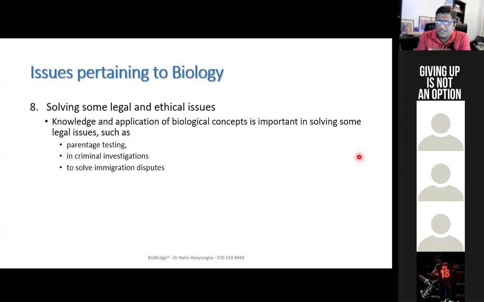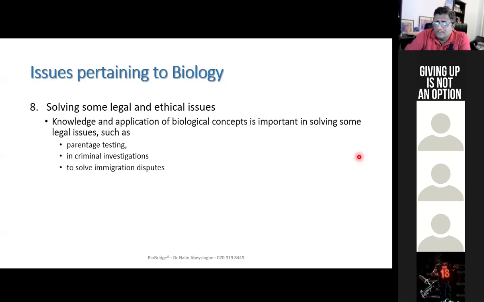Most of the terrorists were identified like that. Even in rape and murder cases, everywhere, you can use this DNA technology to identify. We'll be learning those things in the molecular biology lesson, how these things are utilized.